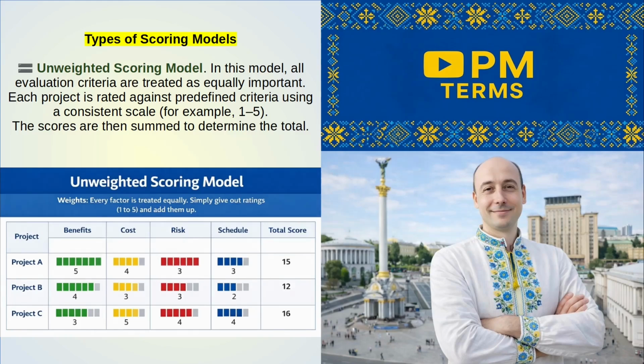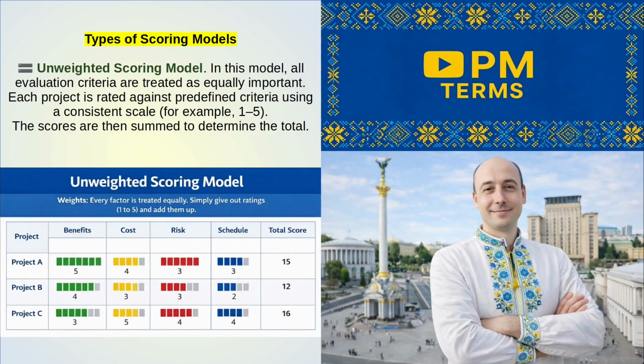Then we rated each project. Project A: benefits equal 5, cost equals 4, risk equals 3, schedule equals 3. Project B: benefits equal 4, cost equals 3, risk equals 3, schedule equals 2.